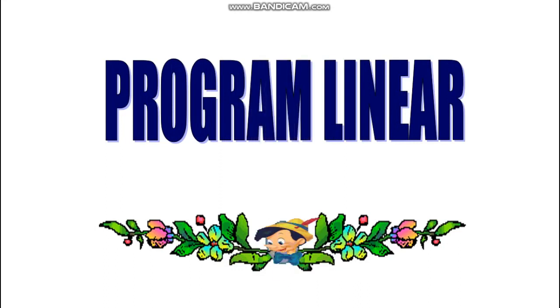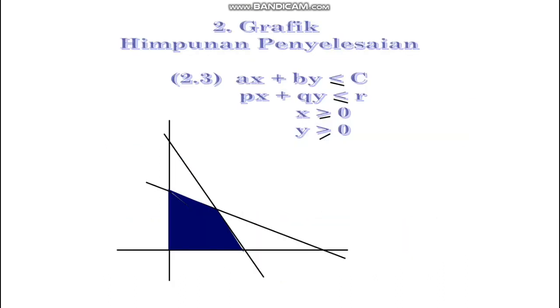Well, as we learned in the previous meeting, a linear program contains a linear system that has an objective function. To get the solution set, one of the ways is to use a graph. By drawing the area obtained from the existing linear system, we get a solution area.